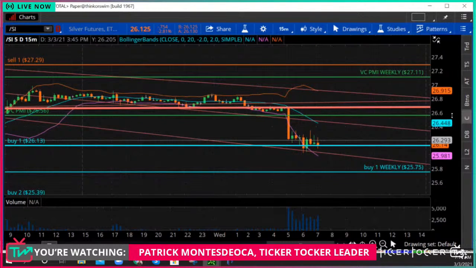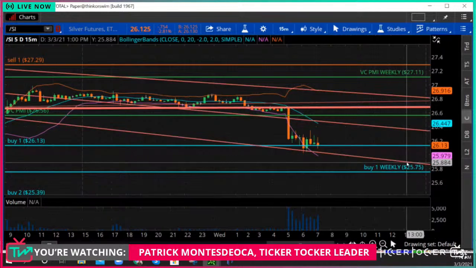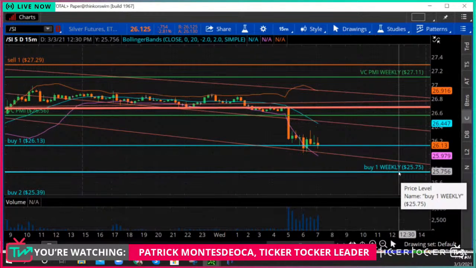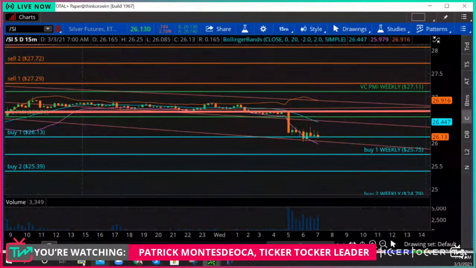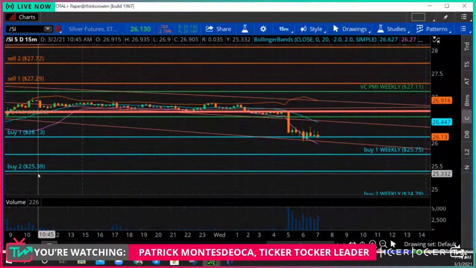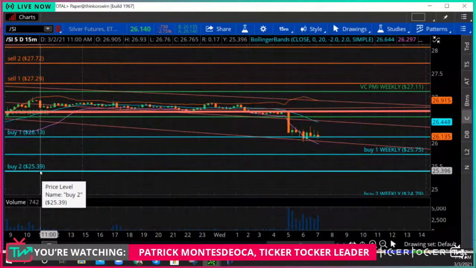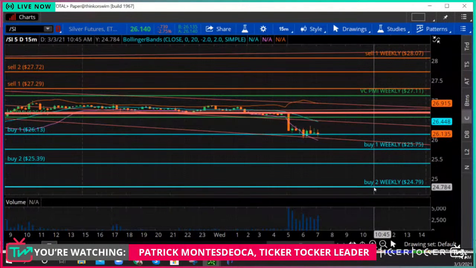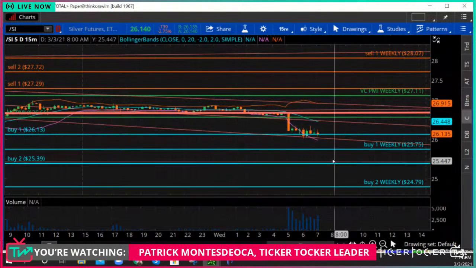The buy one level is 26.13, and right underneath there we have the weekly of 25.75, the weekly buy one level. Right underneath is the daily buy two, 25.39, and then we have the bottom of the buy two weekly, which is at 24.79.